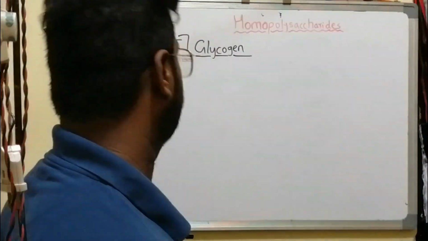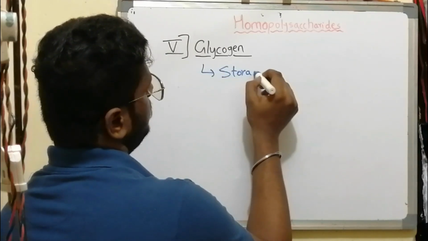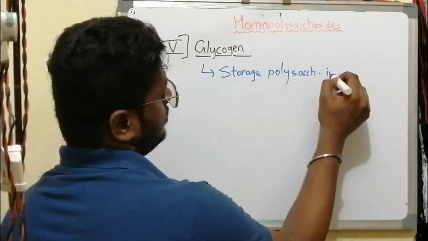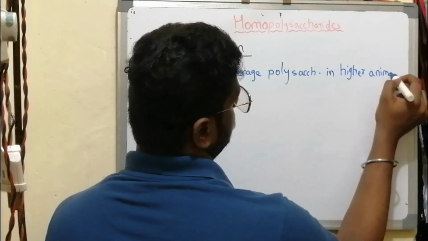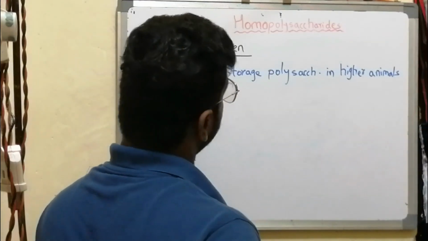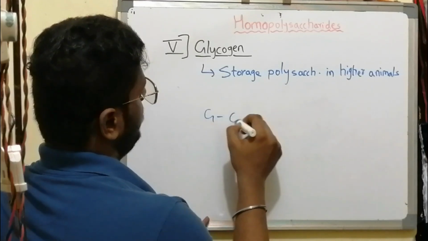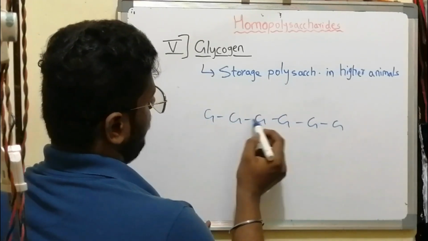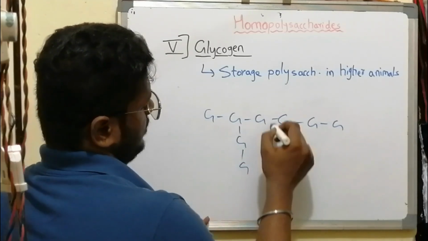Now the next kind of homopolysaccharide is glycogen, and it is the storage polysaccharide in humans, in all higher animals like us, right? So basically there will be glucose which will be linked by alpha 1,4 linkages, and the branching will be at alpha 1,6 position.